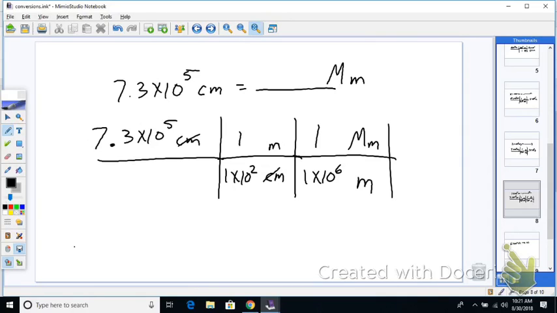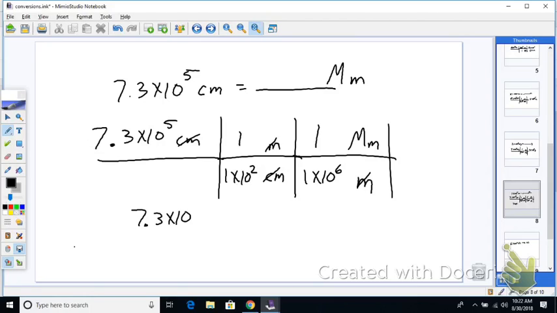So now all I have to do is, I know this number is going to be the same. So it's going to be 7.3. I just have to figure out my exponent. So I'm going to take 5 minus 2 is 3. Then I'll do the next one. 3 is left over. 3 minus 6 is minus 3.